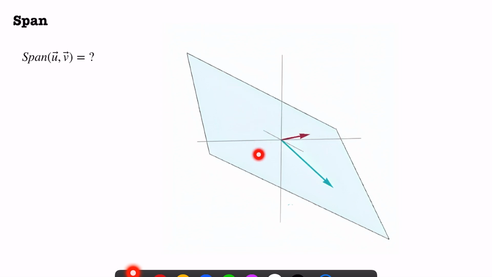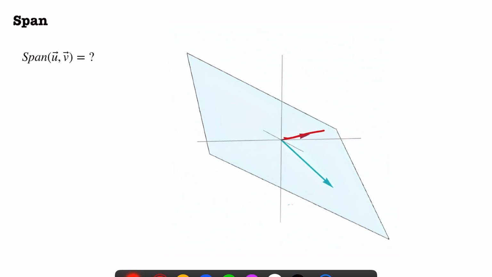So this is one plane we have taken, and let's take two vectors on that plane. If we take linear combinations of these two vectors, any two vectors, they will remain on this plane only.